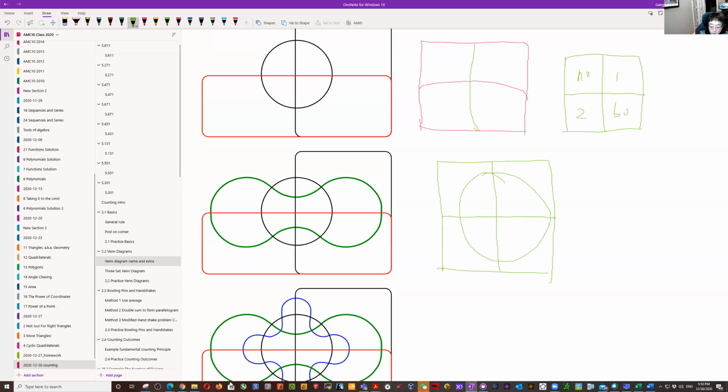So, for example, this is the area not belonging to anyone. So this is none. And this is only belonging to category 3.